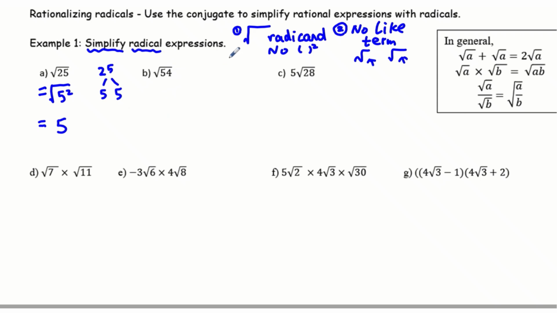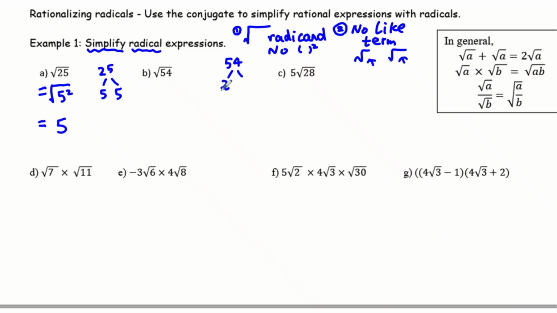Now 54, we need to find the perfect square number in 54. We try to use the smallest prime number, do the division to find another factor of 54. The smallest prime number is 2, and 54 is an even number.